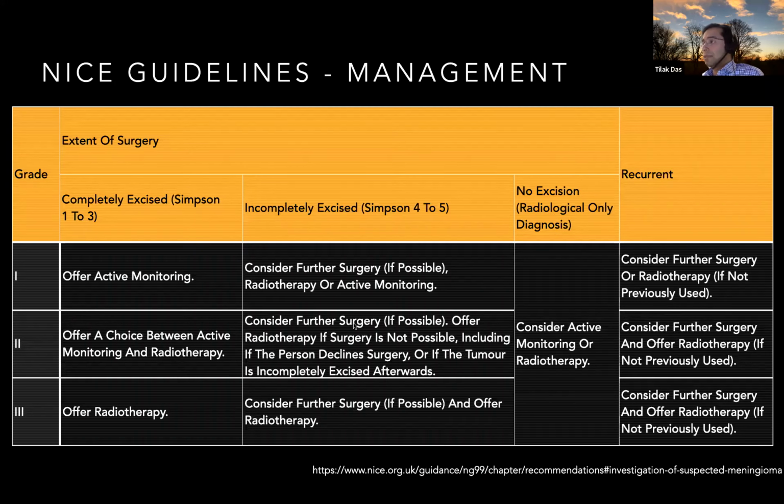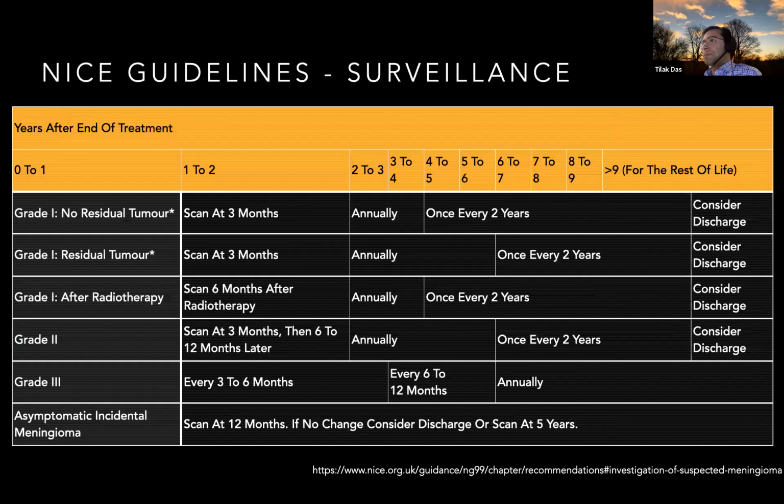If they're incompletely excised, then the guidelines suggest offering further surgery if it's possible, or radiotherapy or surveillance. And this is where it becomes a bit more difficult to know how exactly to manage, especially the lower grade tumors. If there has been no resection, so no surgical options, then it's radiotherapy. And for recurrent disease, it's either try surgery again or radiotherapy.